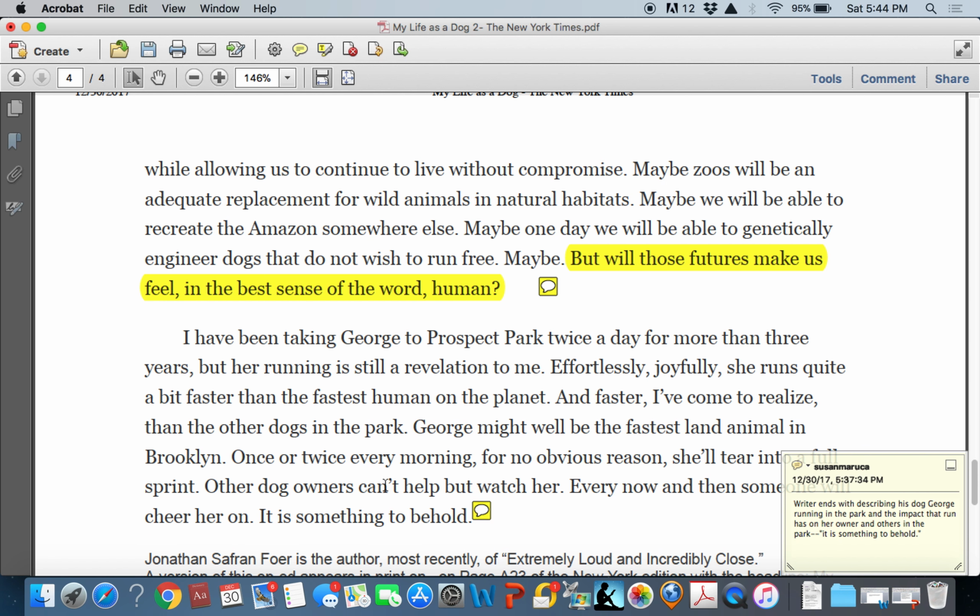And then he ends with George. He ends with his relationship with George and how there is this awesomeness to simply watching his dog run in the park.